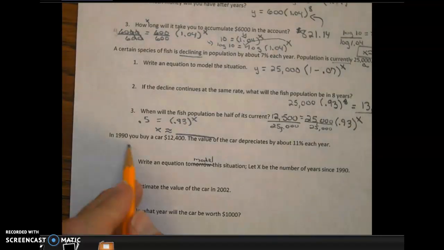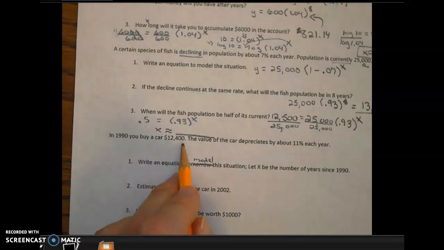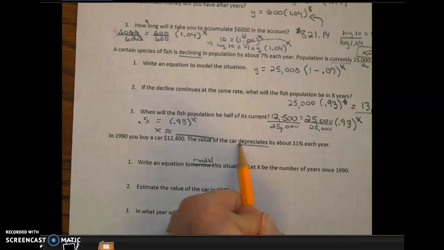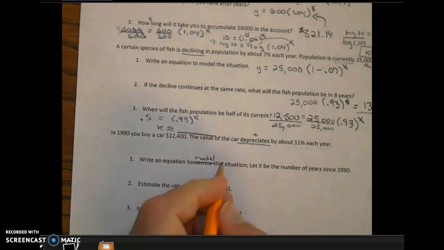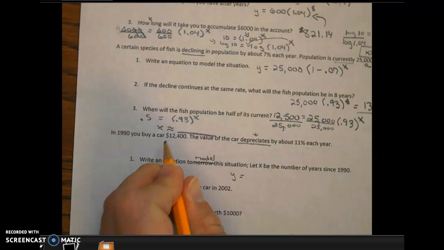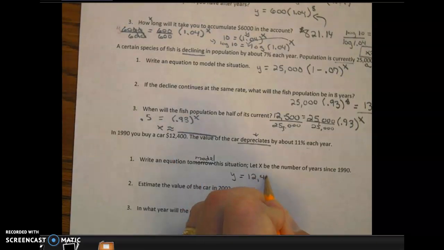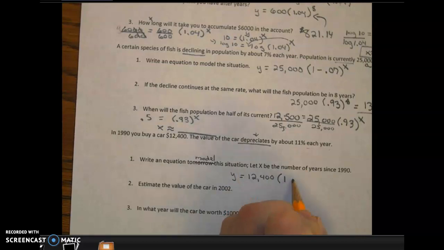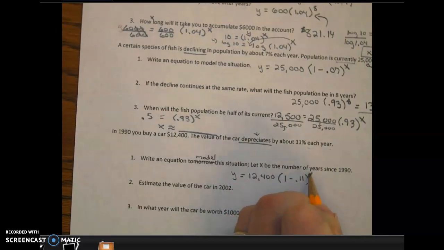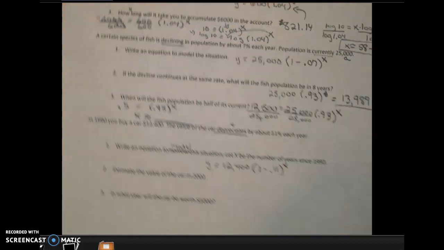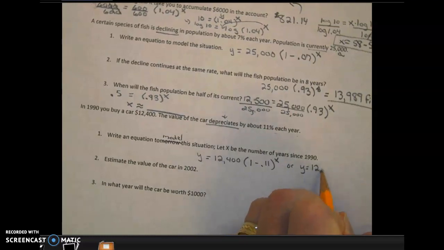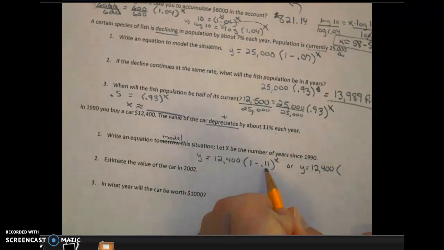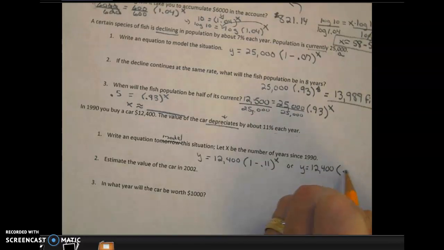Okay, in 1990, you buy a car for $12,400. The value of the car depreciates, which means to decline by 11% each year. Let's write a model. Starts out at 12,400. It's declining by 11%. Okay, or you could write it 1 minus 0.11, which is 0.89.